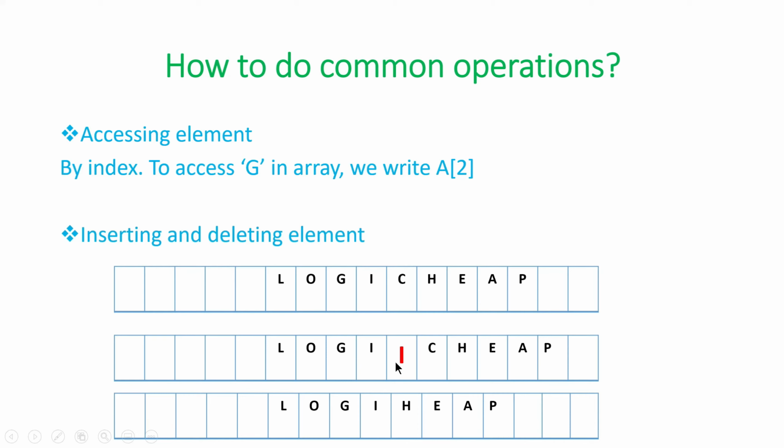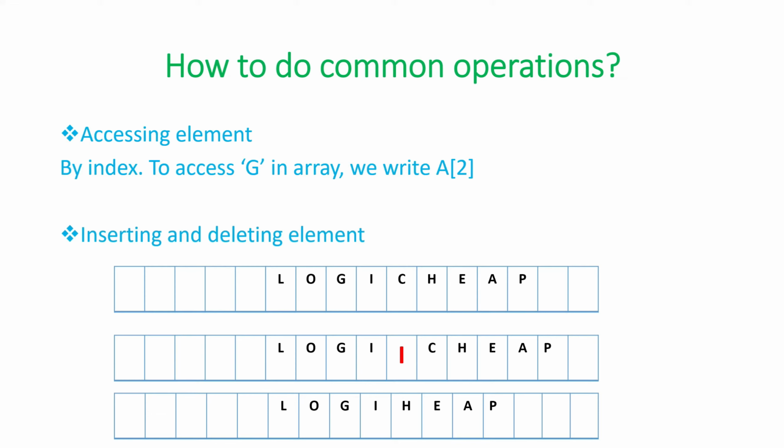So it's double I. What I'll have to do is shift all the elements after I to the right by one space, and then I'll have to fit I here. Correct? So to insert any element in between, you need to shift all the elements which are at the right by one space and then you'll be able to insert this new element.